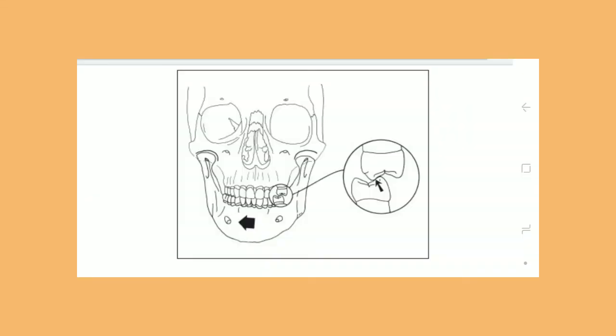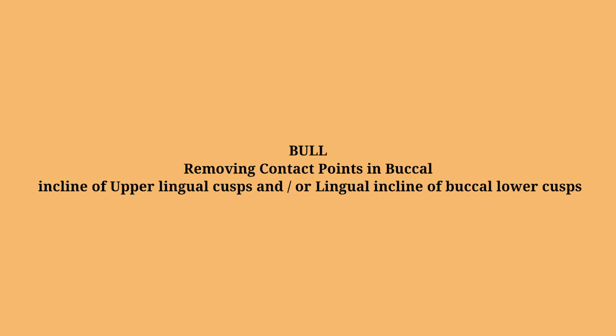It is summarized again by four letters, but now it's called BULL. It means grinding the buccal incline of the upper lingual cusp or the lingual incline of the lower buccal cusp.